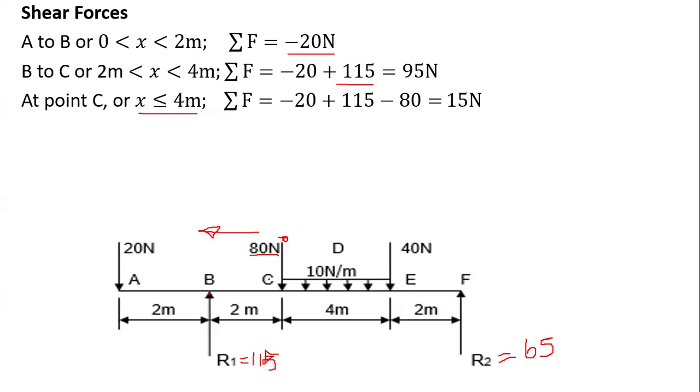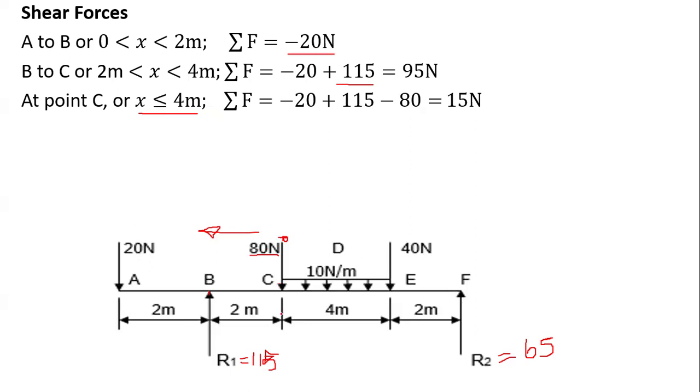Even if we had the UDL running all the way here, we're going to do the same. At point C, we are going to have, first of all, the answer you get without including this one, and the answer you get with this one included. Two values, because at this point you are transitioning, you are having both the UDL and the point load.